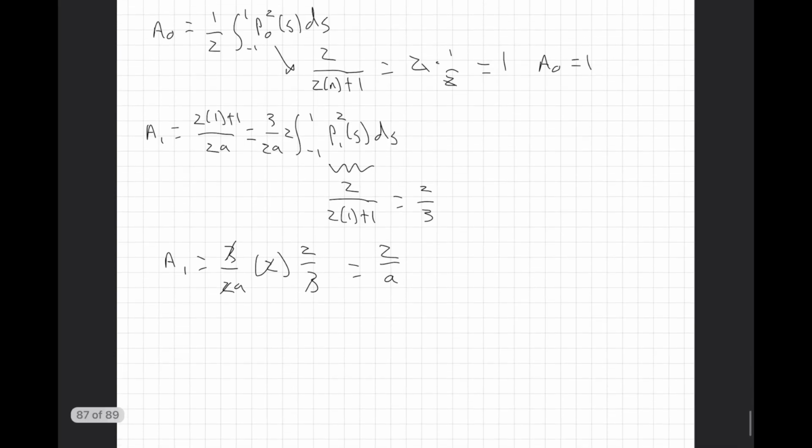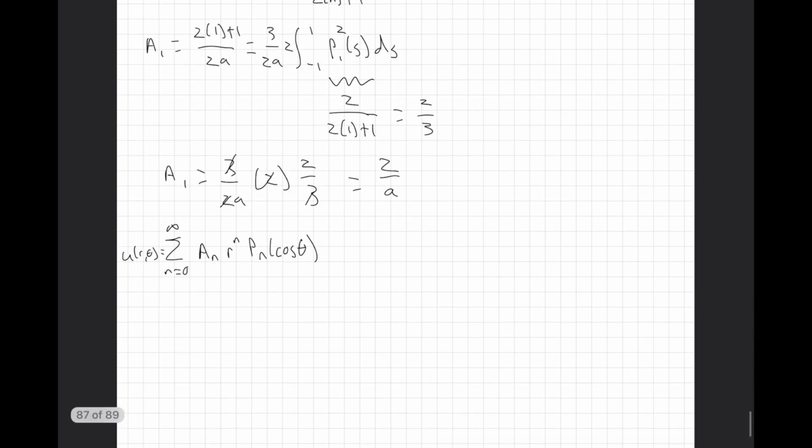Now the infinite sum is from n equals 0 to infinity. So u of r and theta equals the sum of a sub n times r to the n times p sub n of cosine theta. And we solve for a sub n, there's only 2 of them.